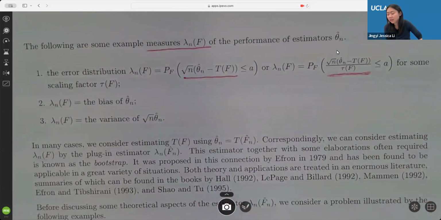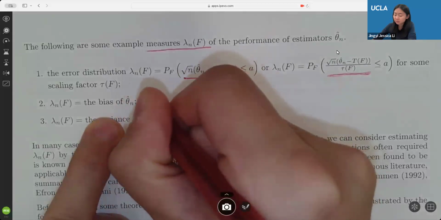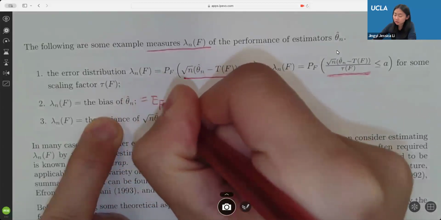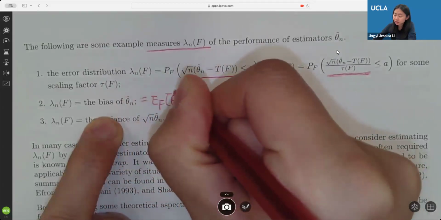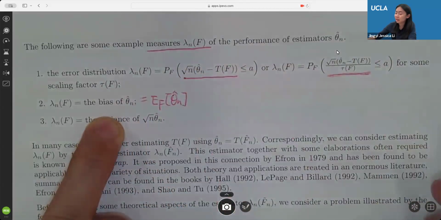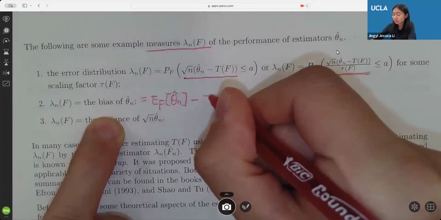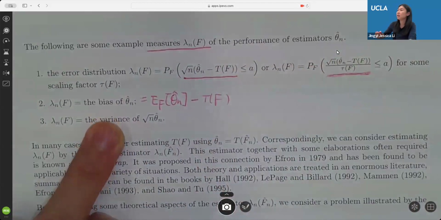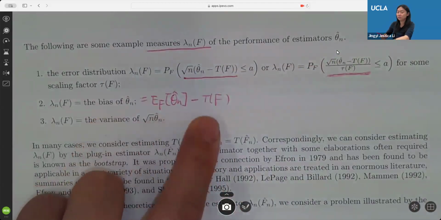Okay, first thing. Second thing we can evaluate or measure the performance of an estimator is the bias. The bias is defined as the expectation under F of theta hat n minus T(F), where T(F) is theta, the true parameter value. So this is the bias.